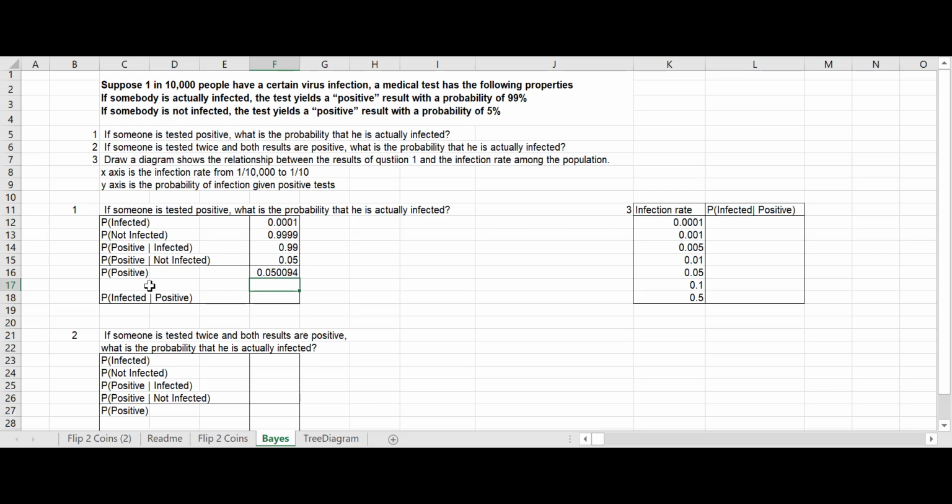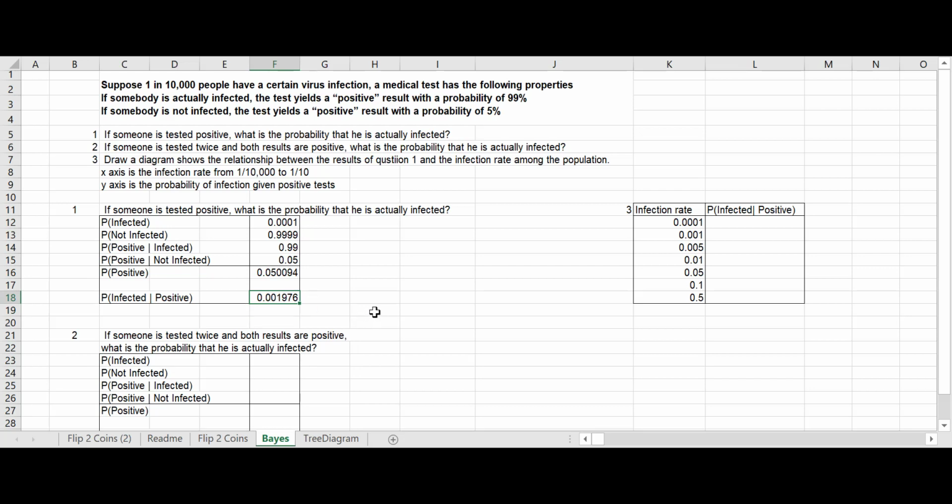Randomly pick a person, he's positive. So now, out of these positive persons, if he's positive, what's the probability he actually got infected? That means we need to find this group, infected and test positive, out of overall test positive, okay? So this is how we find out.